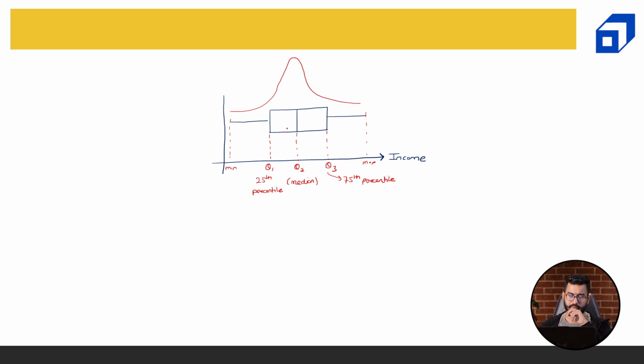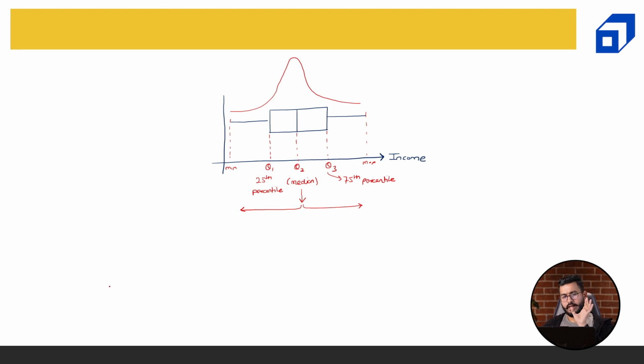This is a normal distribution. Basically it means that below the median point, I have 50% of the customers. Above this point, I have 50% of the customers. Below Q1, I have 25% of customers. Above Q1, I have 75% of customers.